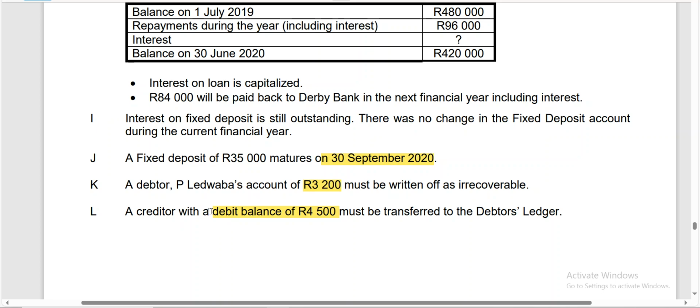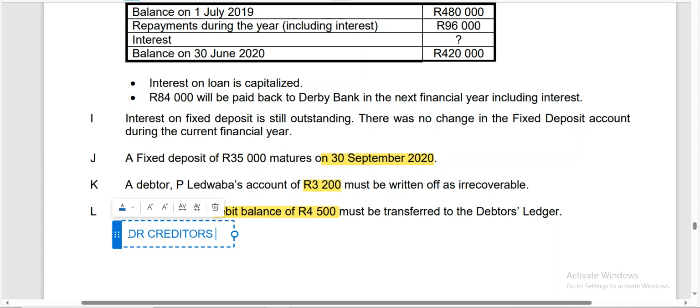So we have creditors control. At the moment it has a debit balance, meaning that when we look at it technically, it is minus 4.5.